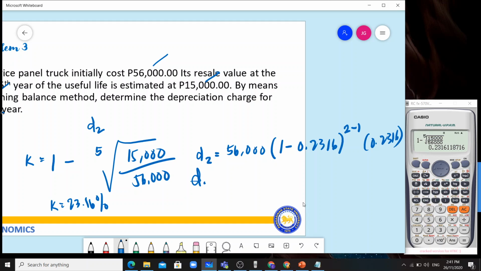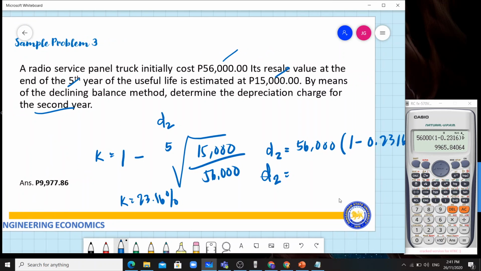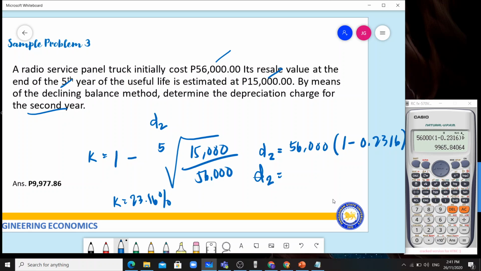Okay, so the depreciation at the second year is equivalent to 56,000 times (1 minus 0.2316) raised to 2 minus 1, times 0.2316. So the final answer would be 9,965.84.